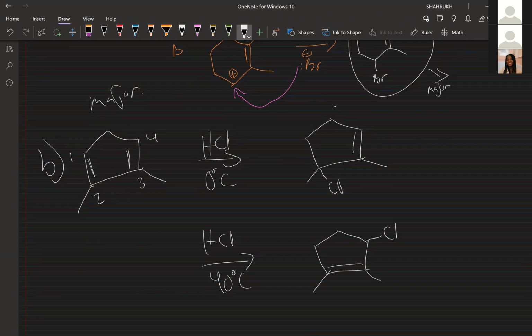And if you were asked to draw all products and predict which one is major and minor, you would draw both of these and then select the major one. So once again, I'm just going to write this is major under all of these. Okay, so that's enough for electrophilic addition.